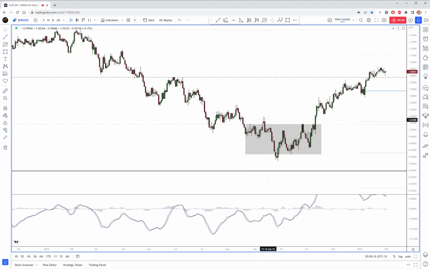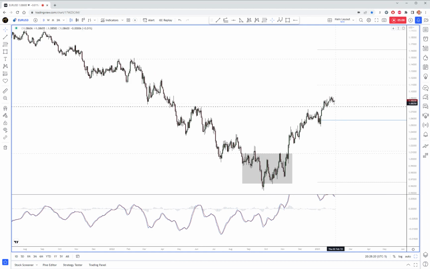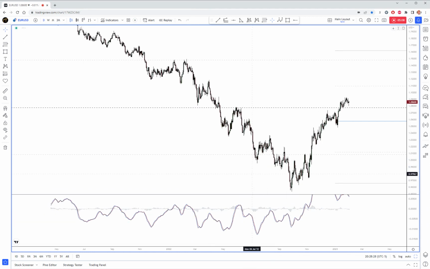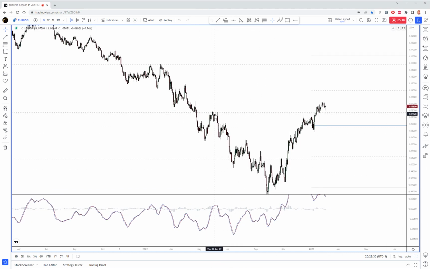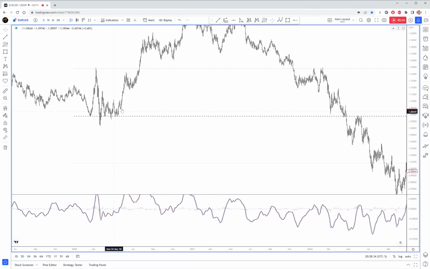Is this a permanent base? We still don't know. We'll find out tomorrow, or this week I should say, because tomorrow could be flat. It's always a possibility. But if you look back to the median level back here, you can see the strong resistance. And then if I go even further back, you can see that strong base right back here.